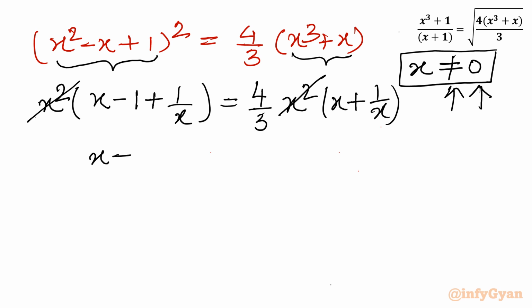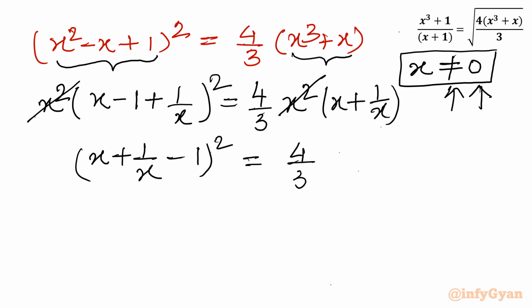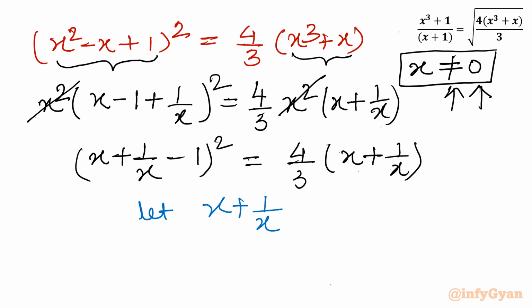So it is converting into one reciprocal equation, which is x plus 1 over x minus 1 whole square. Right hand side it is 4 over 3 times x plus 1 over x. Now we can use substitution. So let us call x plus 1 over x, suppose it is equal to u.